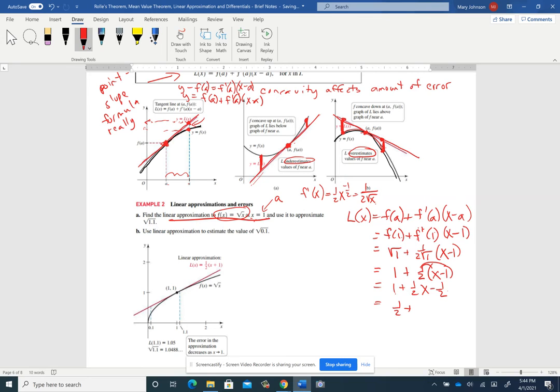Okay, so this is 1/2, and then I have plus x over 2.